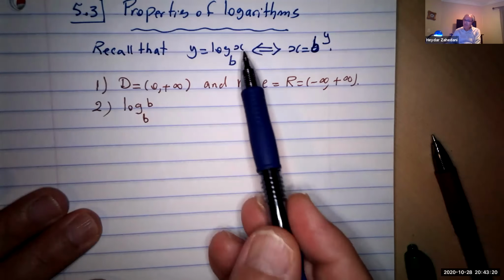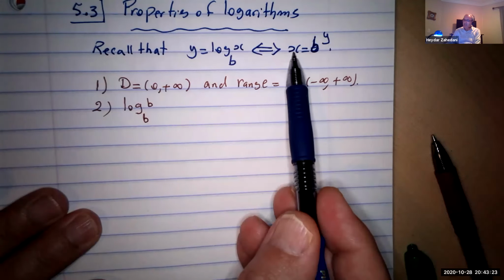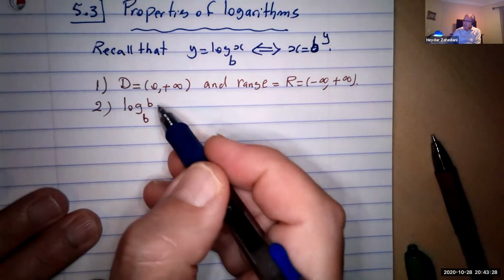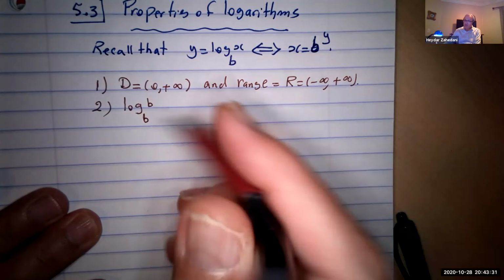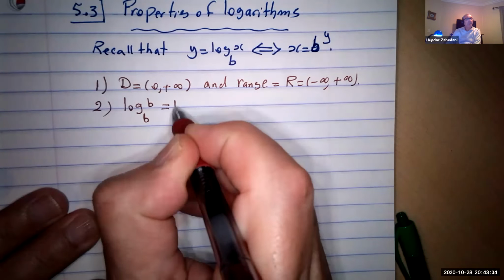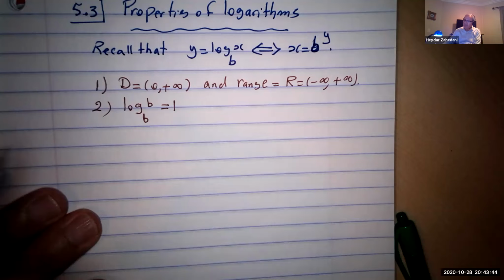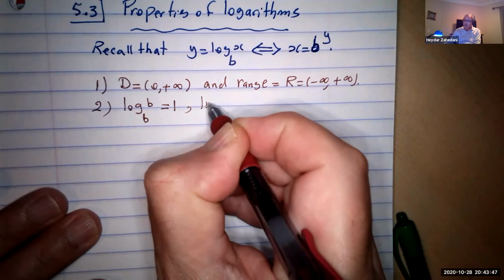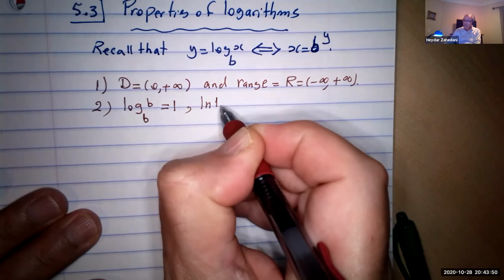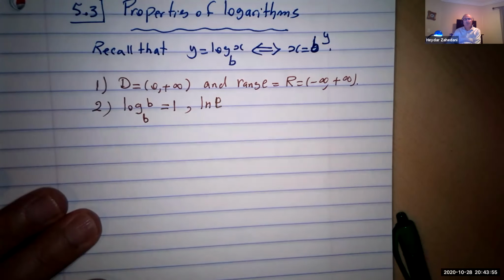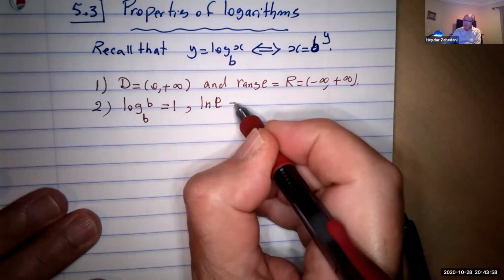Now we go back. If you replace x by b, b to the what is equal to b to the 1. So this is going to be very useful. The log of any number with that same base, log of 2 base 2 is 1, log of 5 base 5 is 1. I'll just emphasize that. So this means ln of e, because the base is e, is equal to 1.